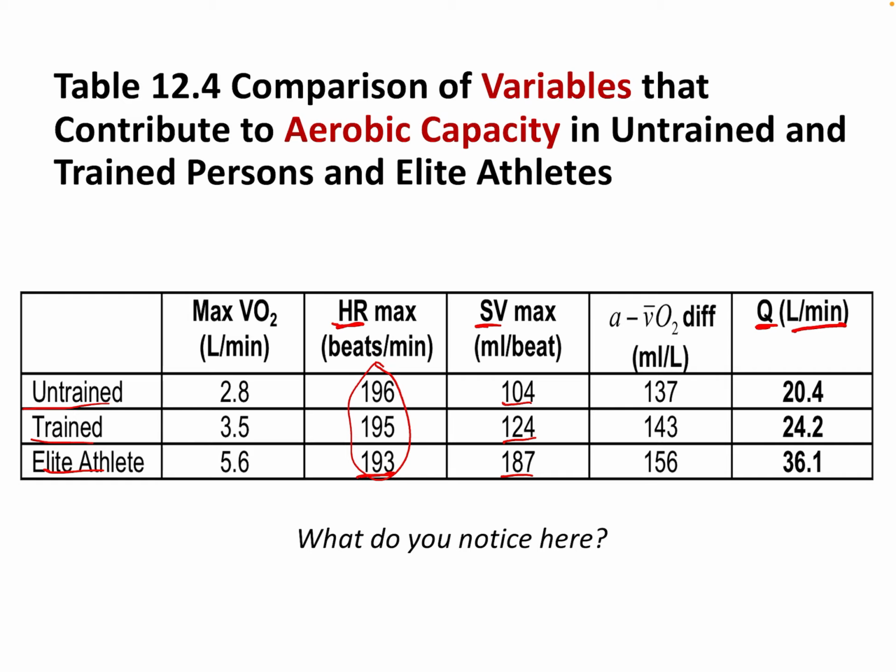Now, when we look at our AVO2 difference at rest, our body's blood oxygen content is around 200 milliliters of oxygen per liter. And that's in arterial blood, and our venous blood is around 140 milliliters. So remember, arterial is oxygenated blood, venous is deoxygenated blood.